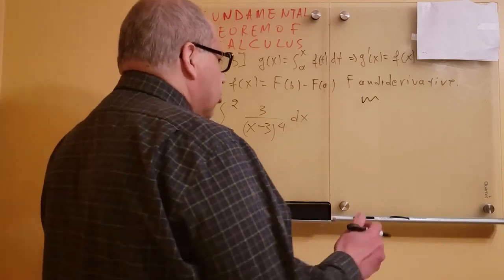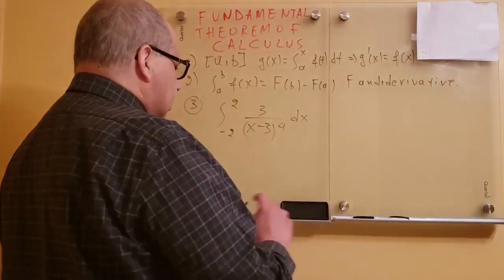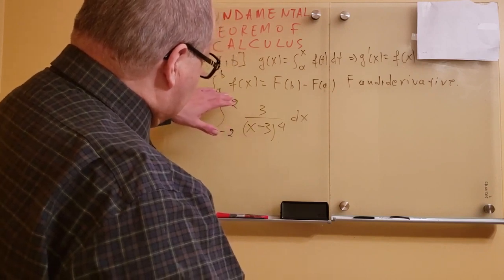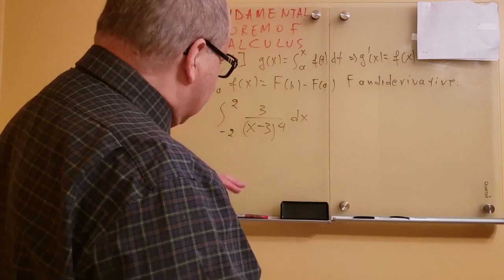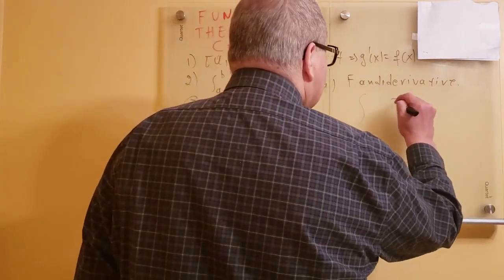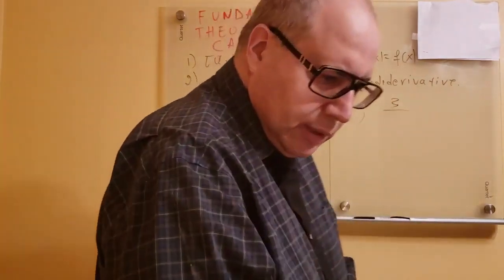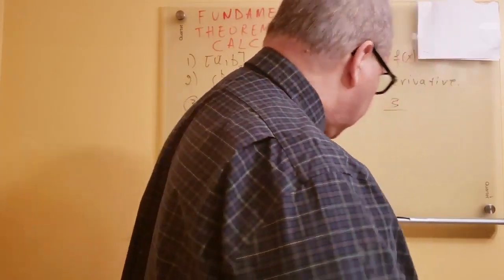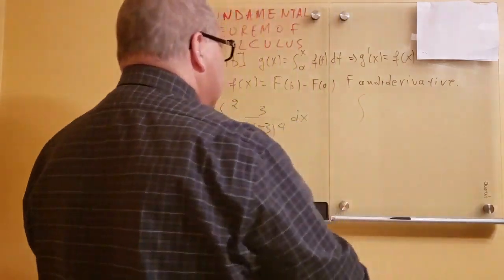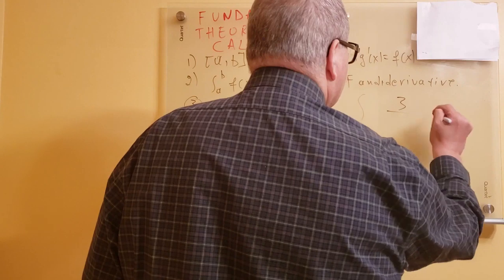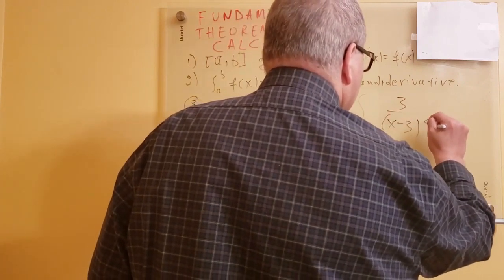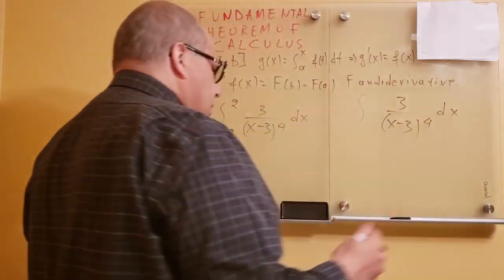So here what we should do for the beginning is find the integral without the limits. So let's find the integral of 3 over x minus 3 to the fourth with respect to dx.